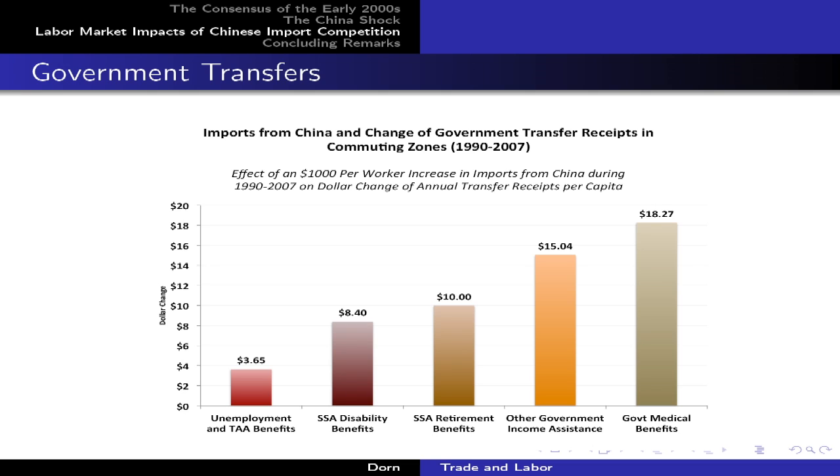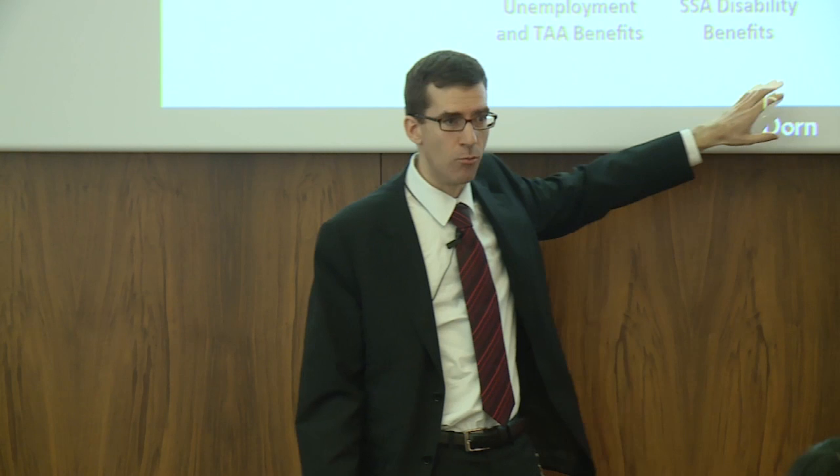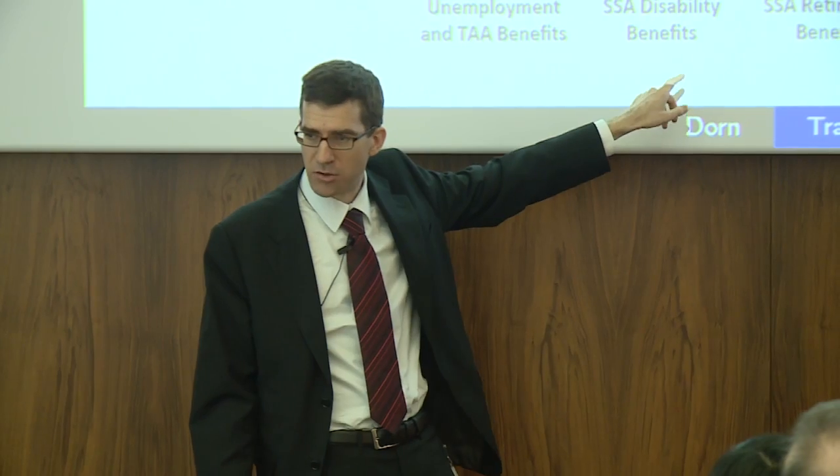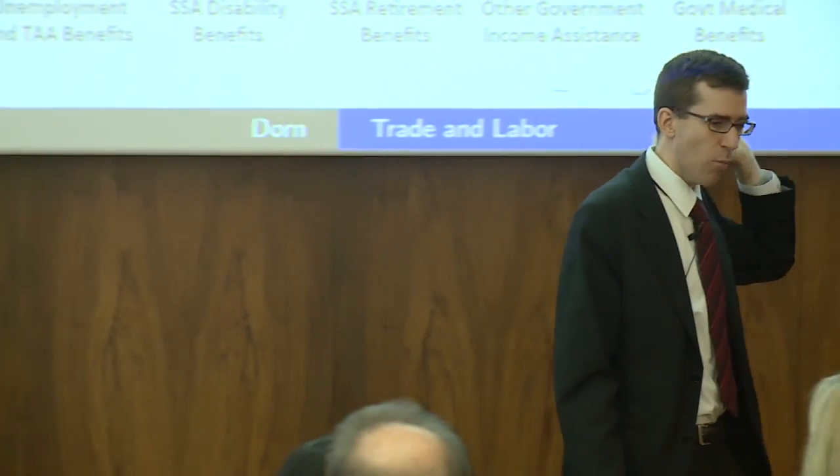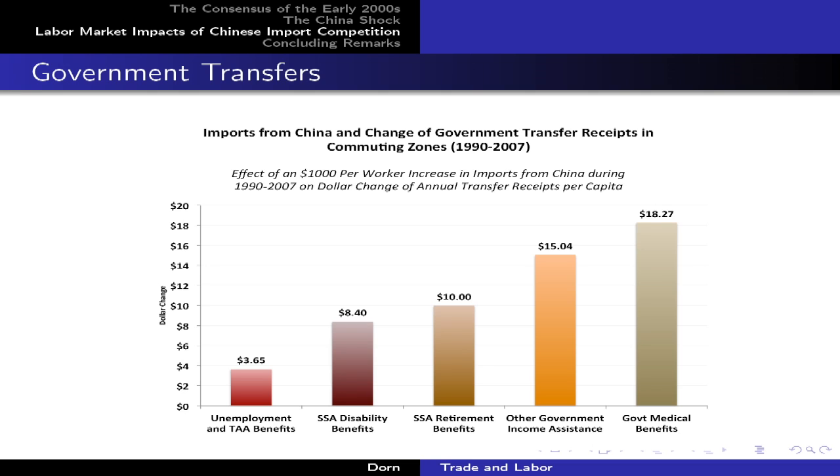The big response instead comes from Social Security benefits, more people, for instance, moving into the disability program, and more payments for government medical benefits, which are paid to poor people and to disabled people, and also more government income assistance, such as food stamps, which are paid to people in poverty.